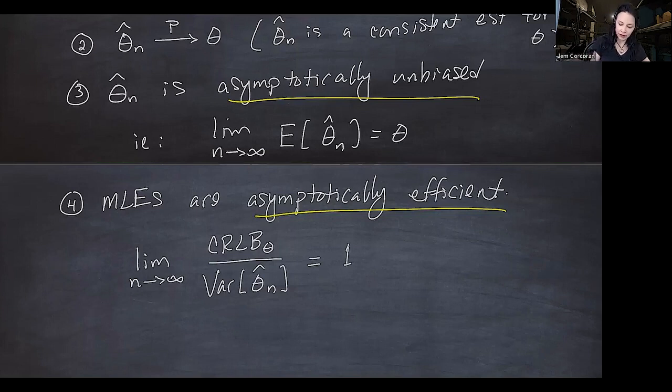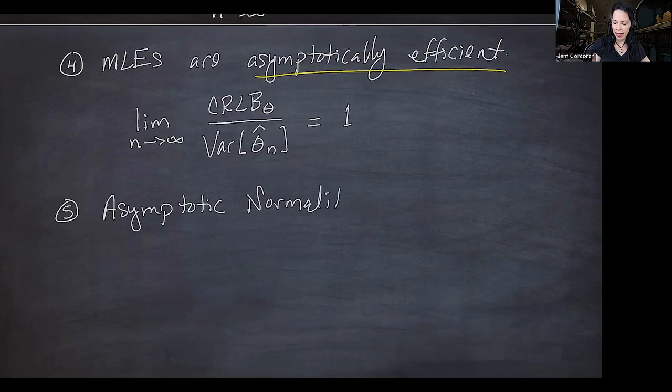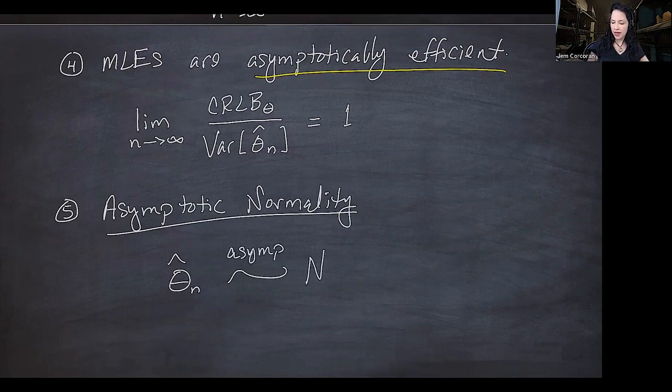Final one, at least for today, is that they are asymptotically normal. In particular, the MLE for theta is asymptotically normal. It has the correct mean, and that is what we're trying to estimate. That's the mean, theta.